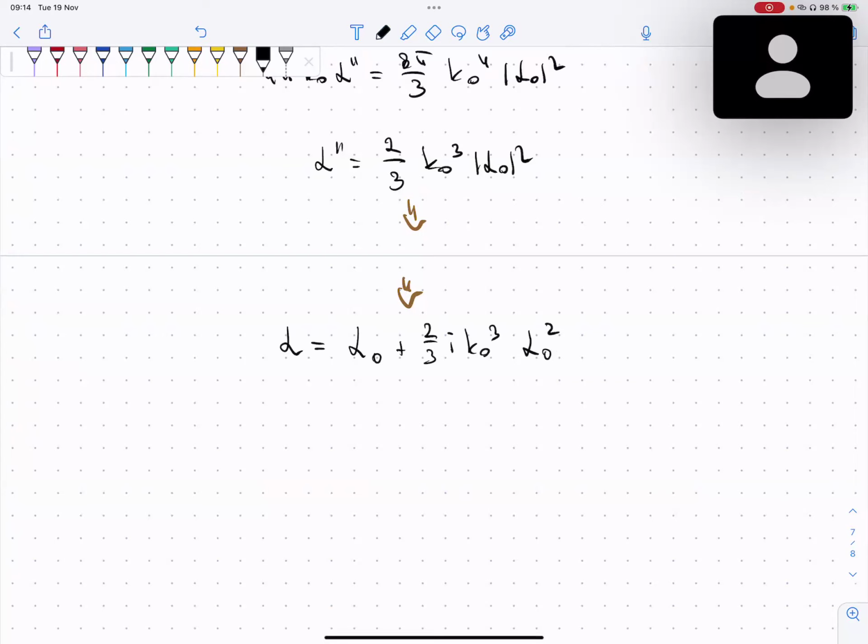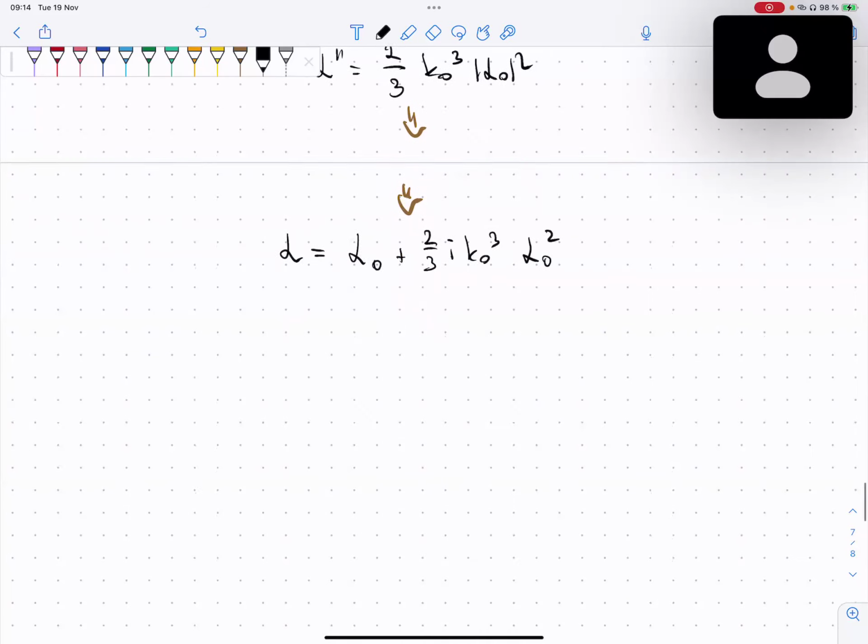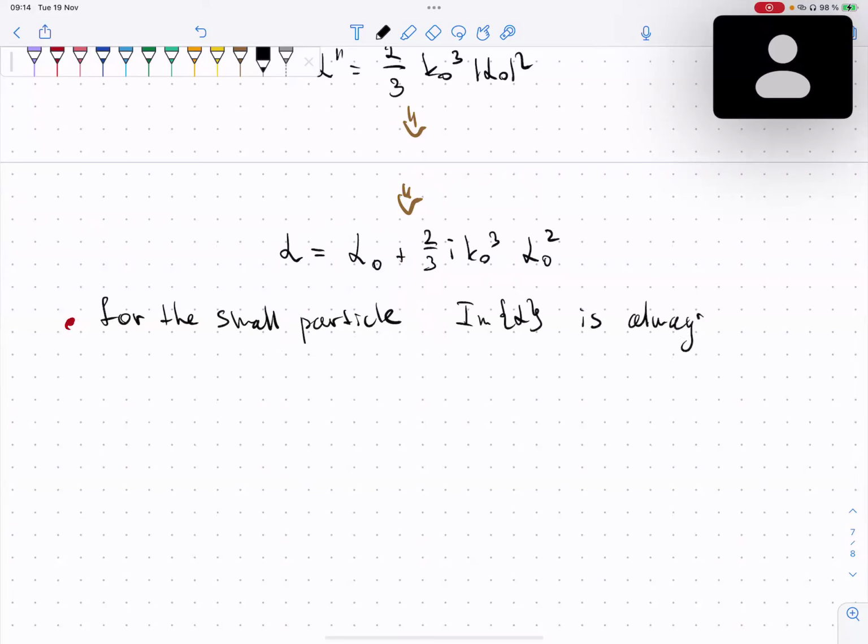One important thing that we can see from here is that for a small particle, the imaginary part of polarizability is always non-zero, even if we have no absorption.